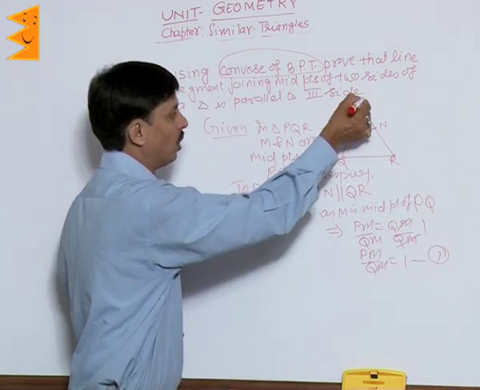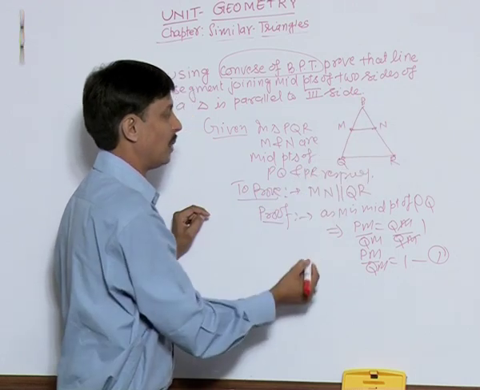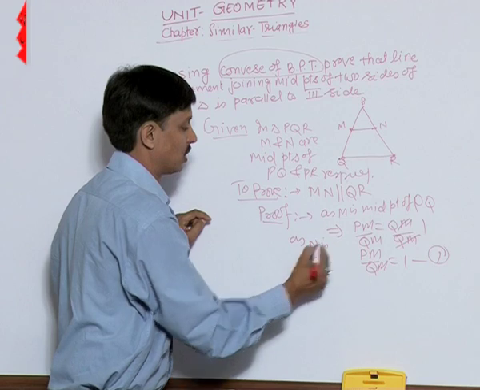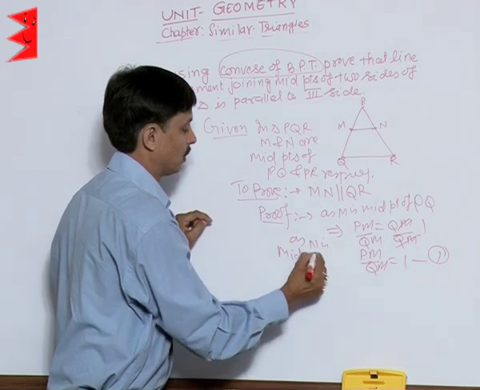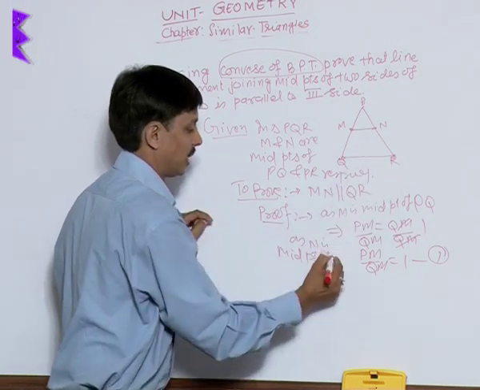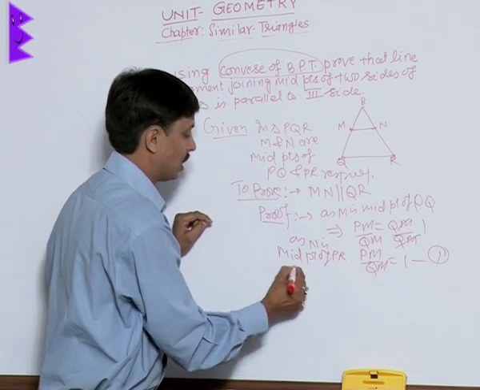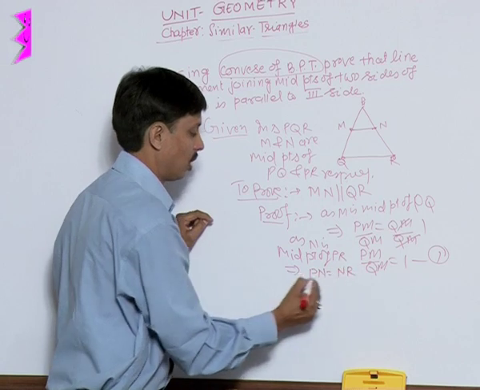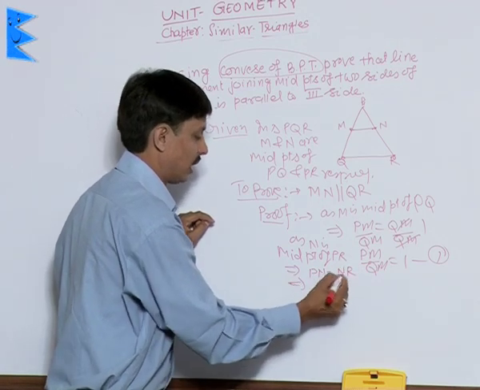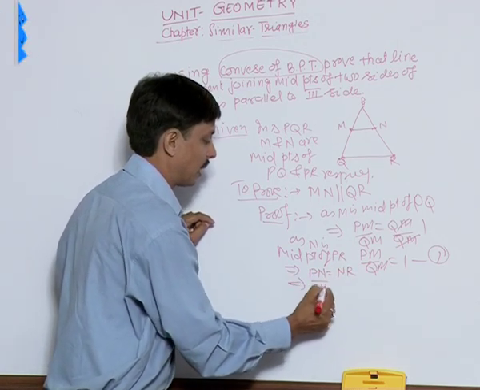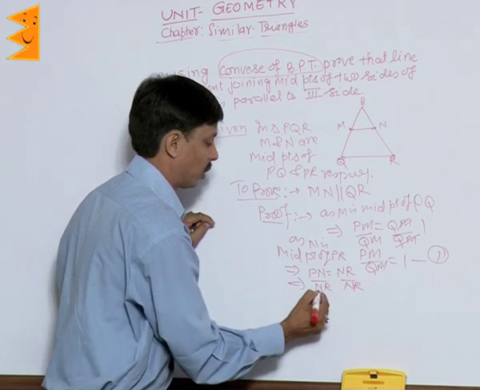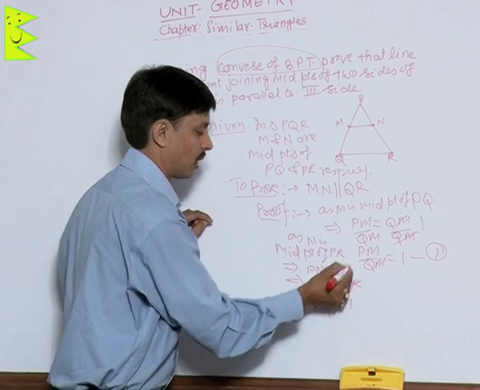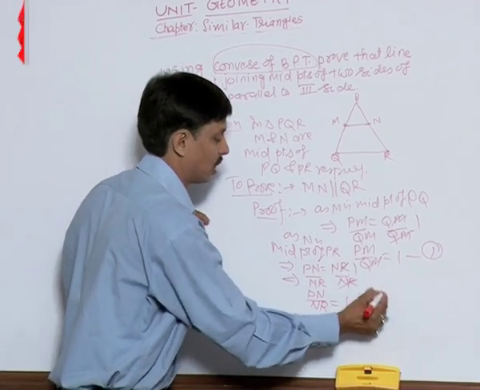Now if I go to the side PR, N is the midpoint of PR. This implies PN is equal to NR, or if I divide it by NR, I will notice that PN upon NR is also 1, because NR by NR is 1. This is equation number 2.